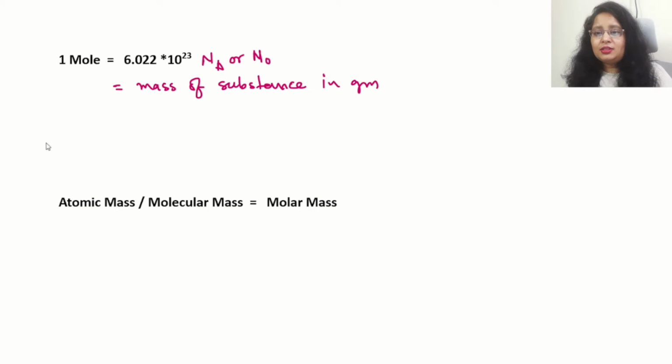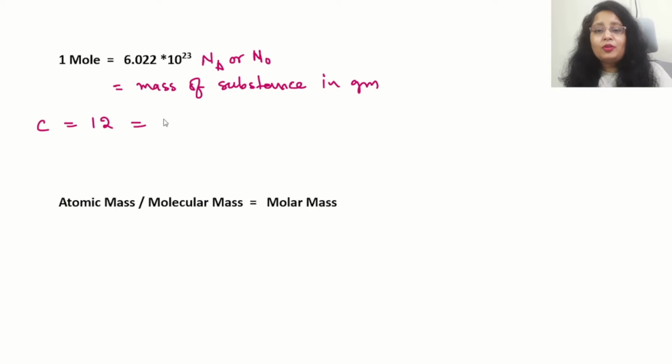Using this concept, we can say that carbon, everybody knew carbon's atomic mass is 12. That we knew. Now from here, how will we get the moles and the number of particles? Carbon's atomic mass is 12, so what is the mass of the mole?